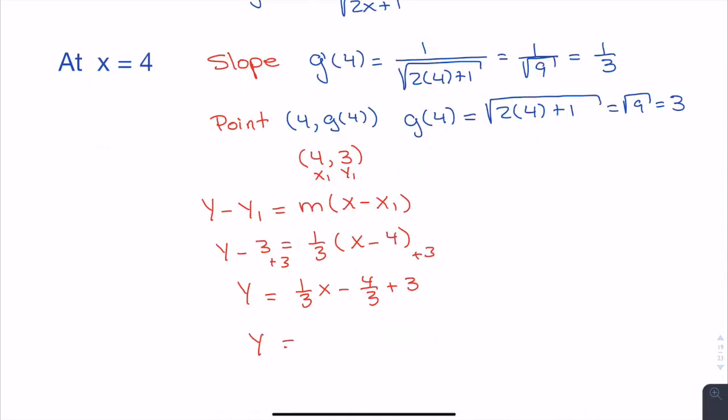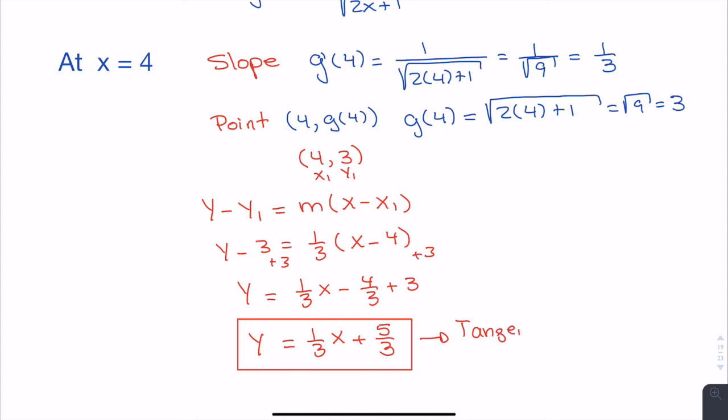So y equals 1/3 x, and then negative 4/3 plus 3 is what? 5 over 3. And this is the equation of the tangent line. So this is the tangent line to g of x at the point 4, 3.